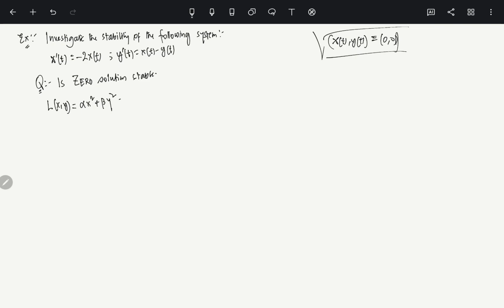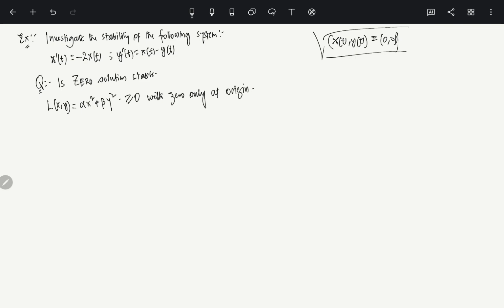Okay, right. Now you do realize that this is greater than or equal to 0, and it is only taking the value 0 at the origin. The origin is the equilibrium point of the system.